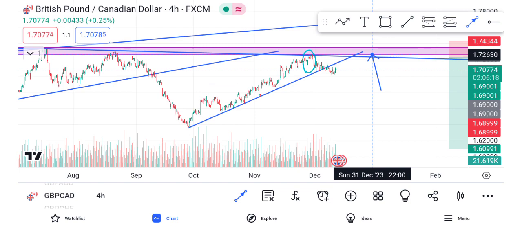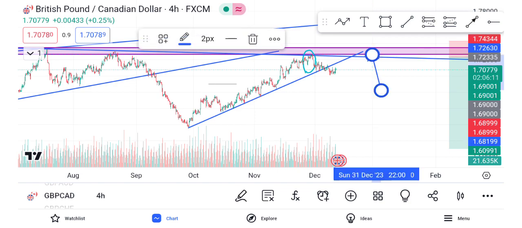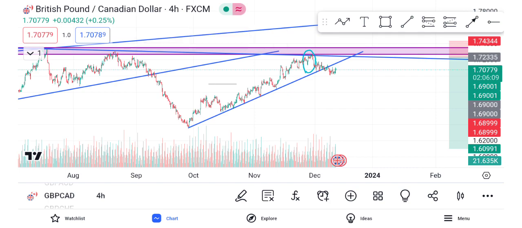After we get a bearish rejection candle, we are going to enter our sell position immediately. That's what we use 4 hours for. We only use 4 hours to spot our entry.